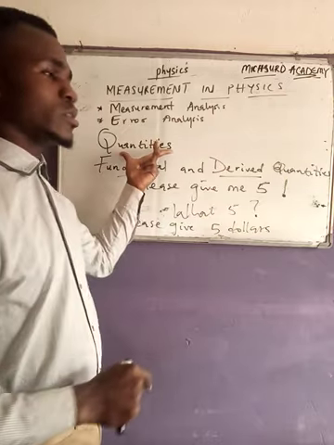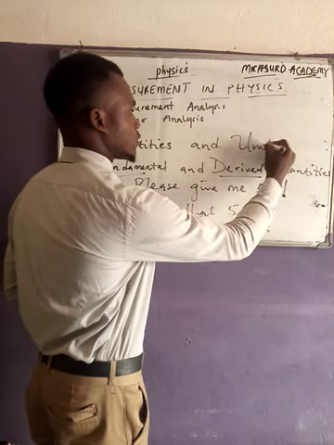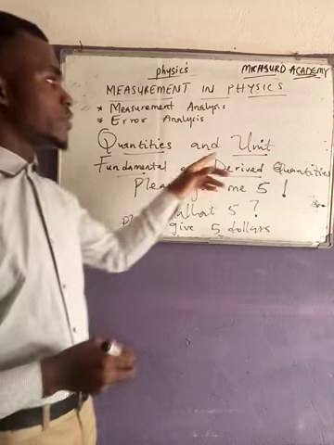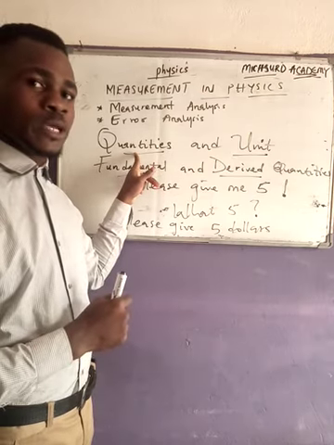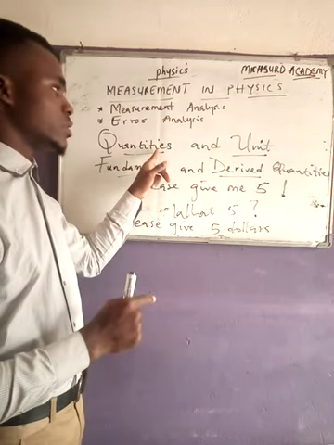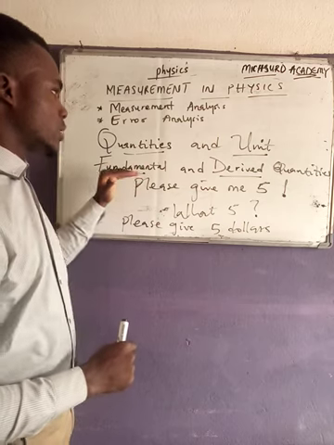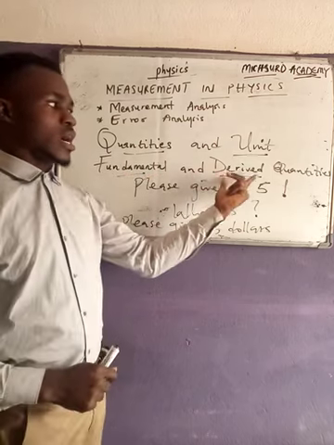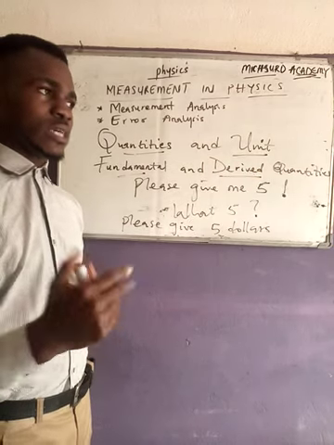The same thing happens in physics. When we talk about quantities, we talk about their units. The unit defines the quantity properly. Are we together? Now we are going to look at some examples of the fundamental quantities and also some examples of the derived quantities and their units.